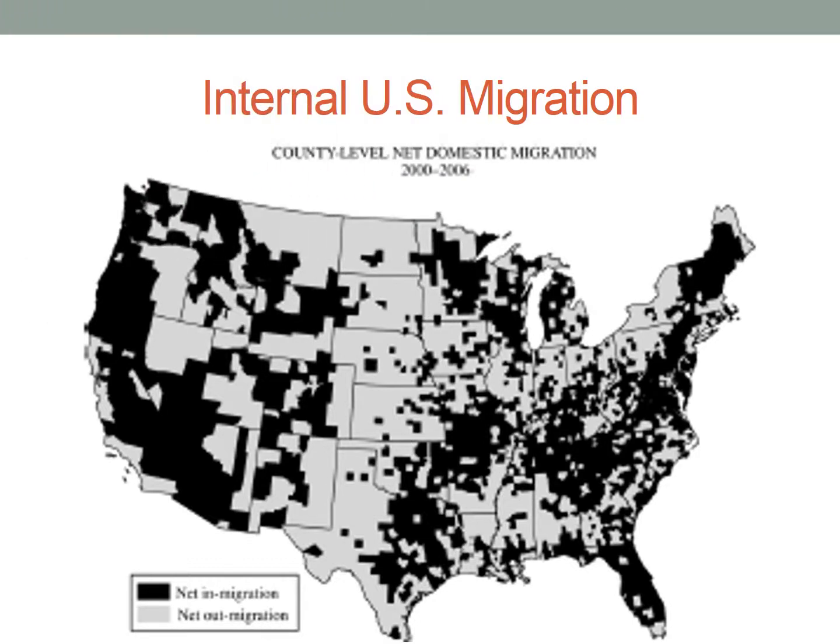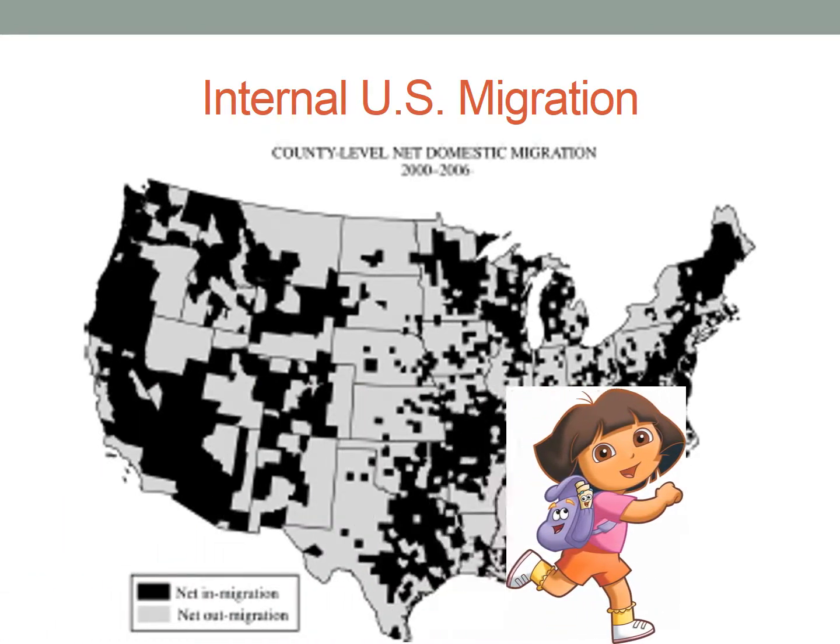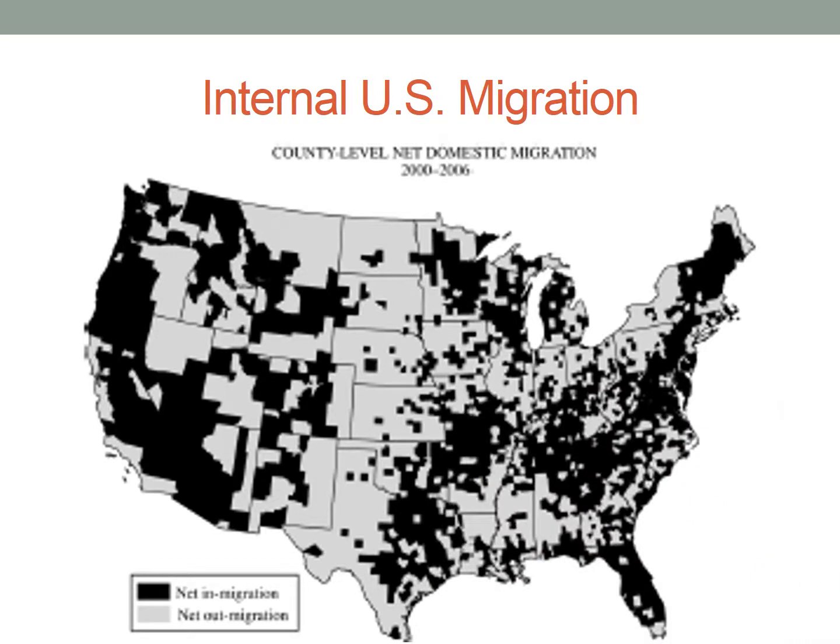Brainstorm as many as you can, then circle the one or two that you feel most confident on. Now, brainstorm the regions with net out migration. And then circle those one or two that you feel most confident on, and you're going to bring those to class, and we're going to discuss that in class as part of our warm-up tomorrow.